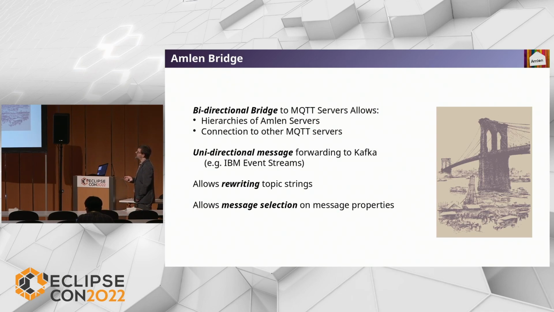This also allows you to send messages on to Kafka and change the topic string. So if the message is arriving at server 1 on topic A, they can be forwarded to topic B on a different server. And if you're using MQTT5, there is something called message properties, sort of metadata that you can set to go with a message. And the bridge can filter out messages based on that.